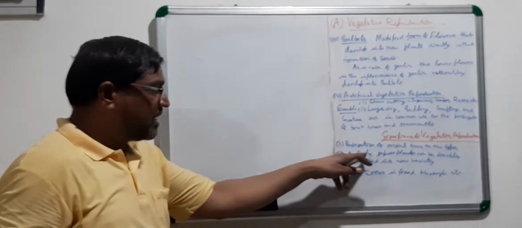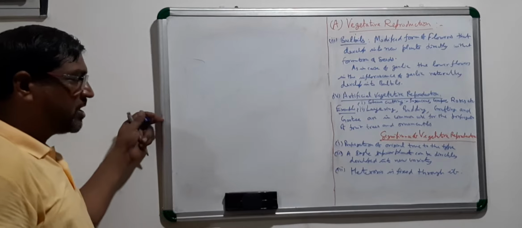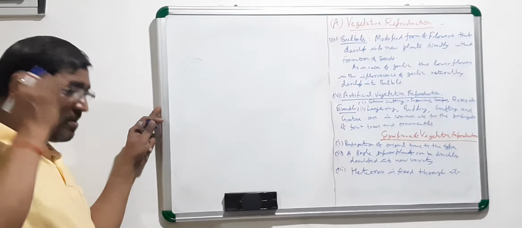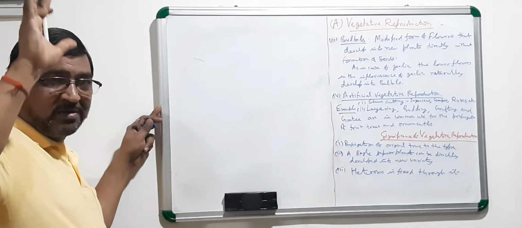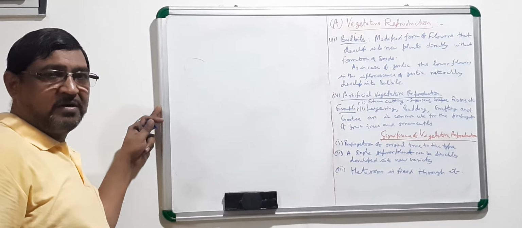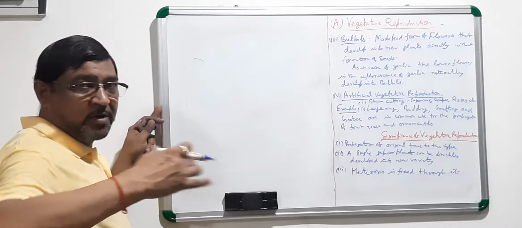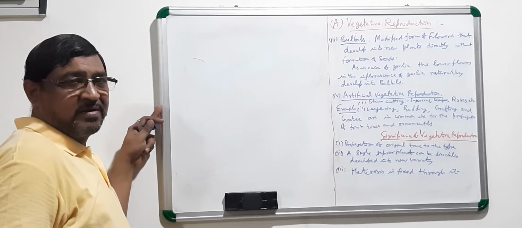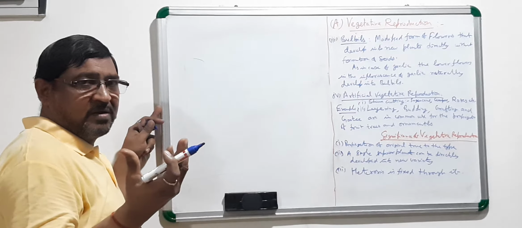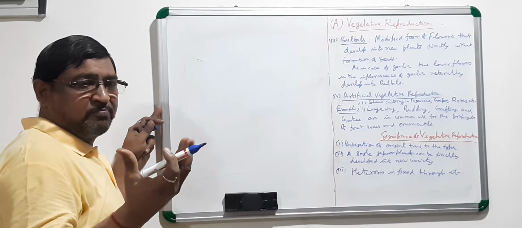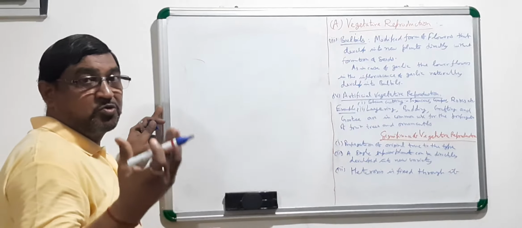So here I would like to say why propagation through asexual means gives the true to the type progeny, and why plants developed through sexual means are not giving the true to the type.